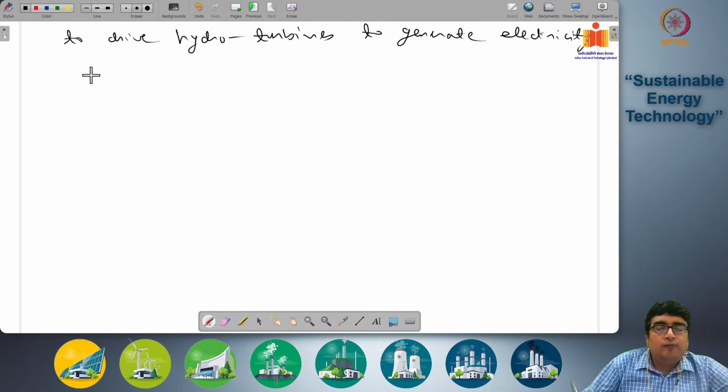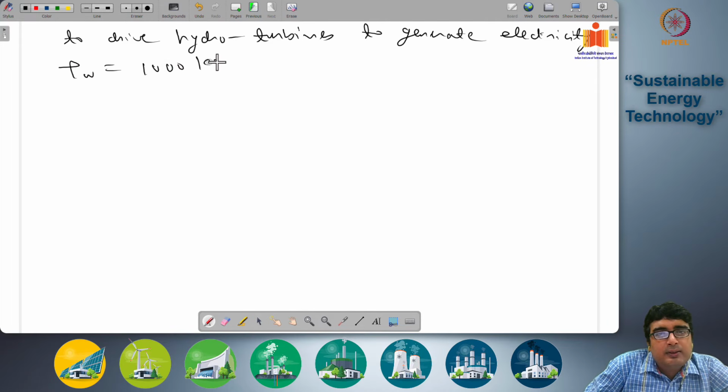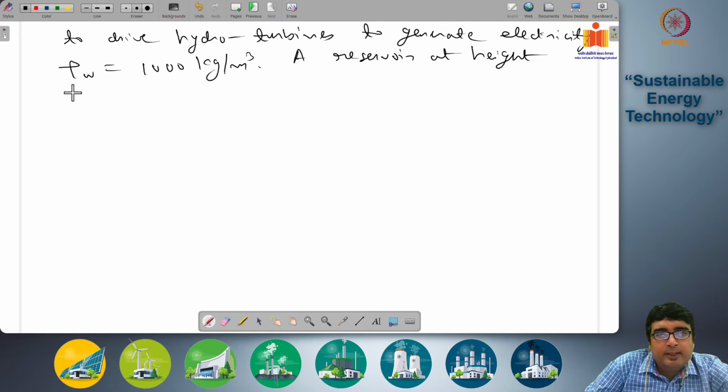Now here if we look at a typical case, for example, assume that the density of water is 1000 kg per meter cube and we have a reservoir at height h equals 400 meters. Okay.